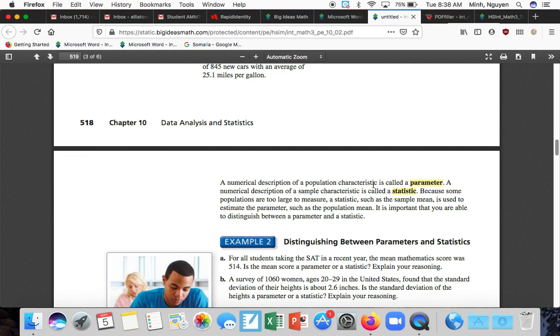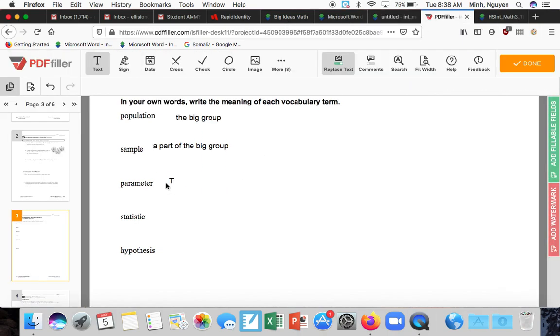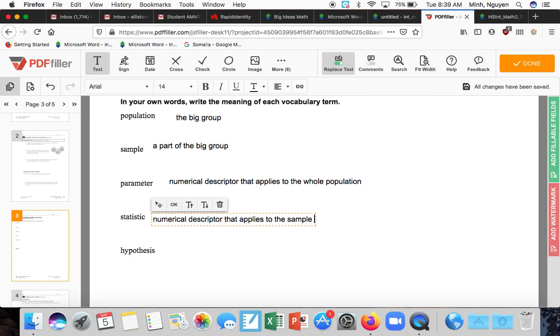A parameter is a numerical descriptor that applies to the whole population, and a statistic is a numerical descriptor that applies to the sample only.